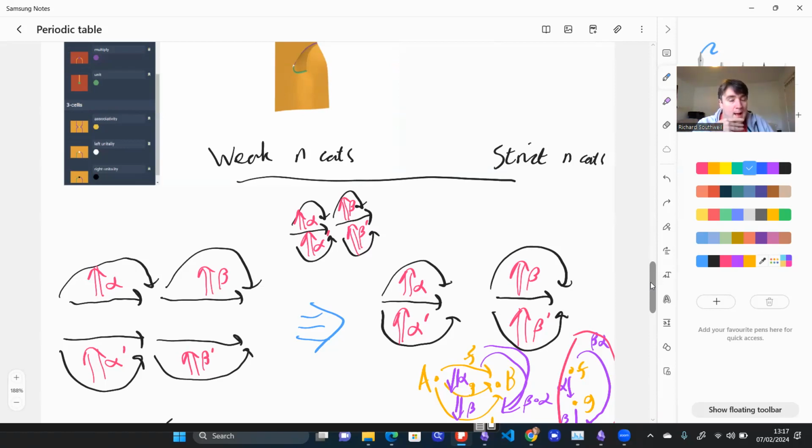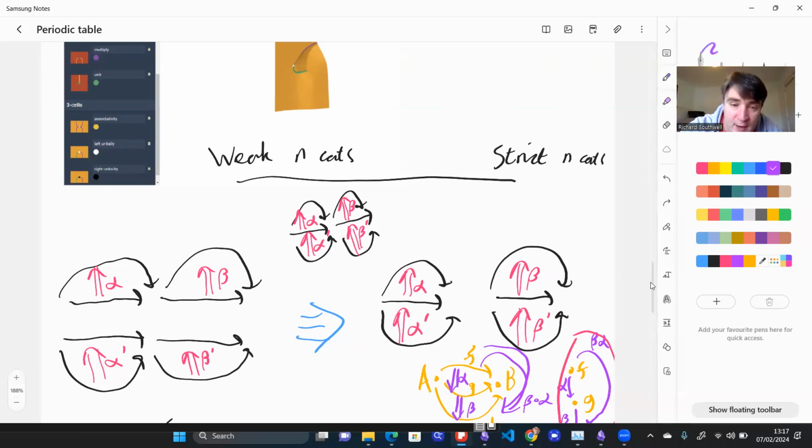Now, I'm quite interested in weak n categories because of the connection with topology, in particular fundamental n groupoids. It's something I'll talk about later, but they're interesting, especially related to homotopy theory or homotopy type theory. But also this homotopy IO thing's interesting.